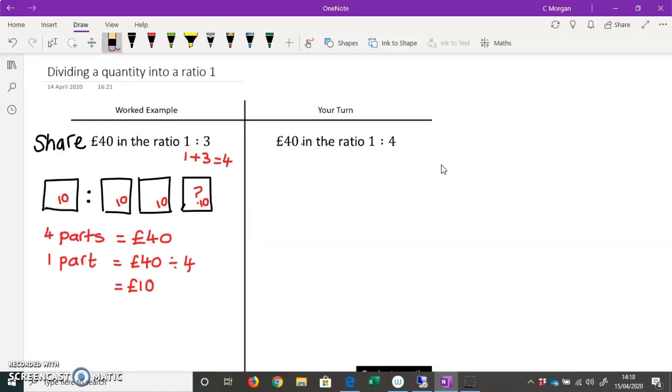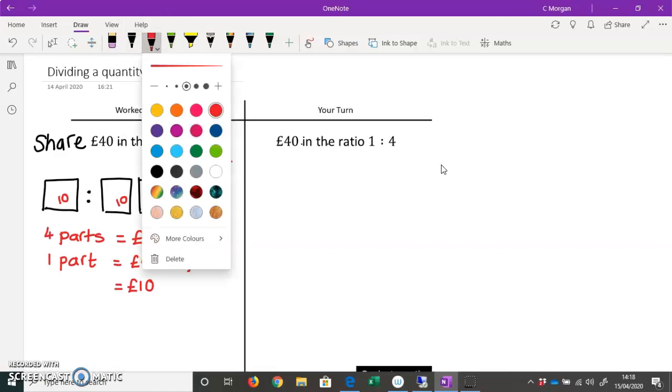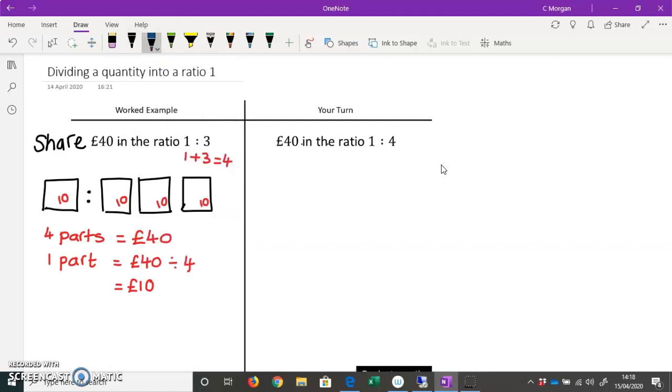Now, if you have a look in my boxes, I've got a 10, a 10, a 10, and a 10. And in my head, I've just quickly worked out that all of those 10s added together make 40. So I can see in the first box, there's £10.